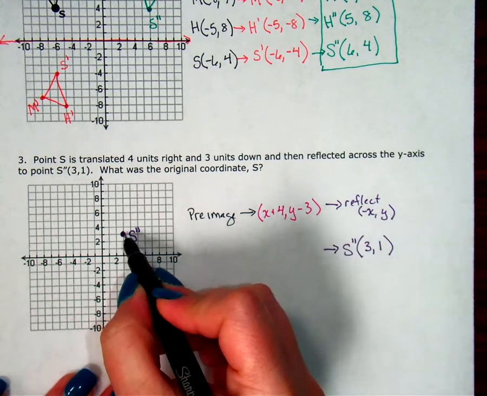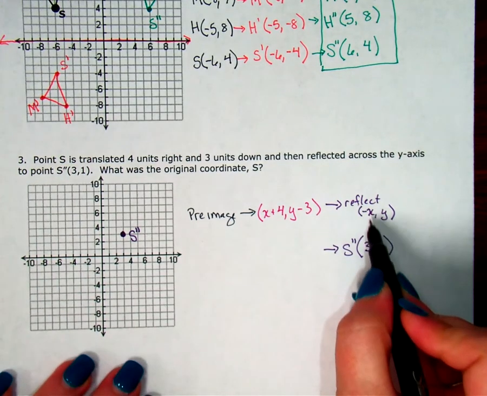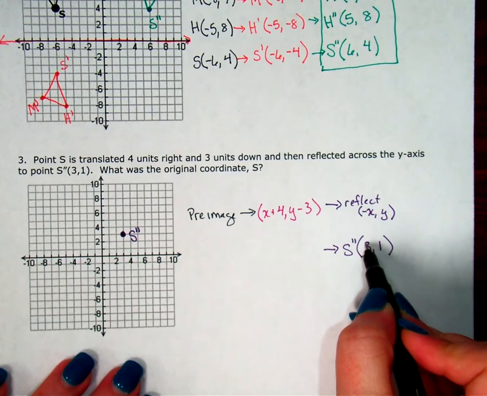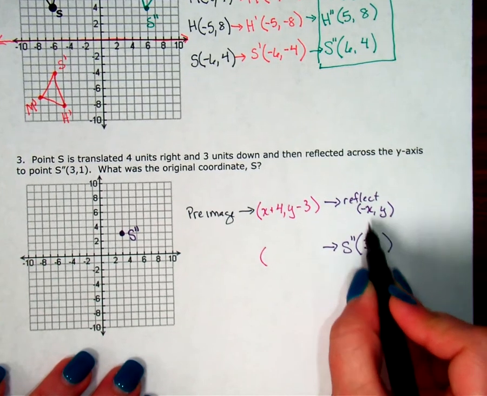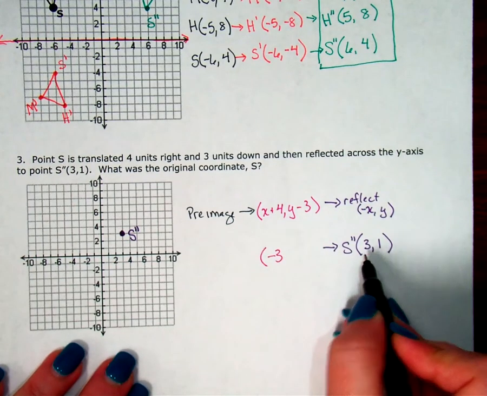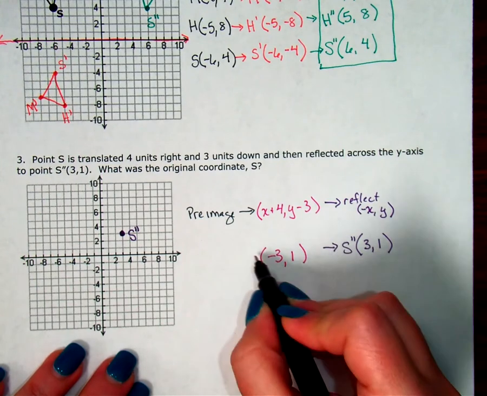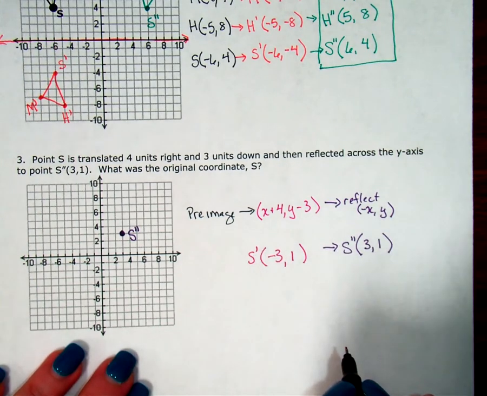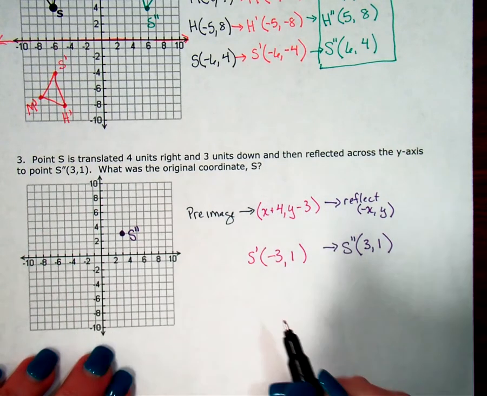So to work backwards, I'm going to reflect it back across. Or if I'm using my coordinates, I can say, what was the opposite of x? If it's 3, what was the opposite to get there? The opposite of 3 would have been negative 3, so that the opposite of negative 3 gives me my 3. Y didn't change, so my y would still be 1. So my S prime was at negative 3, 1.